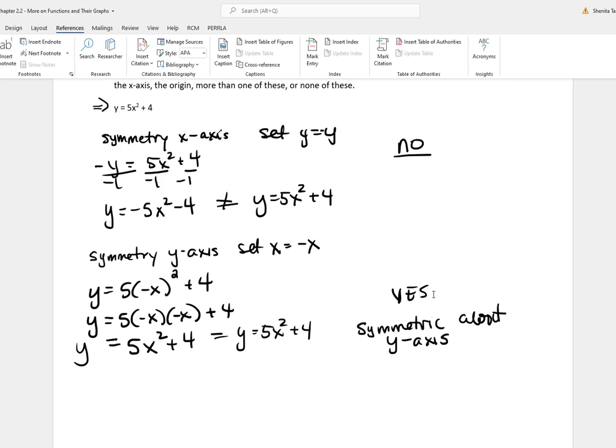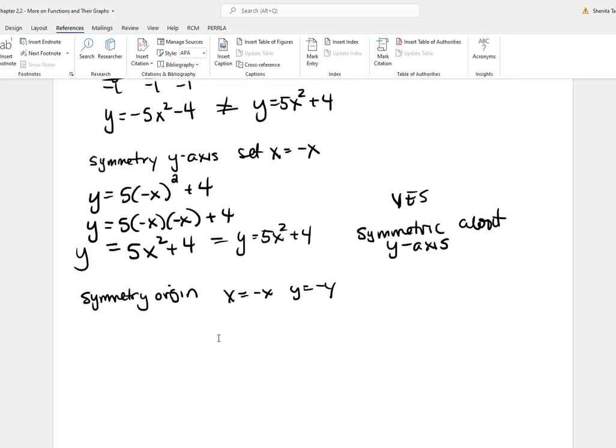Okay, so now we're going to see if it's symmetric about the origin. And to check that, we're going to set x equal to negative x and y equal to negative y. So you get negative y is equal to 5 times negative x squared plus 4. This leaves me with negative y is equal to positive 5x squared plus 4.